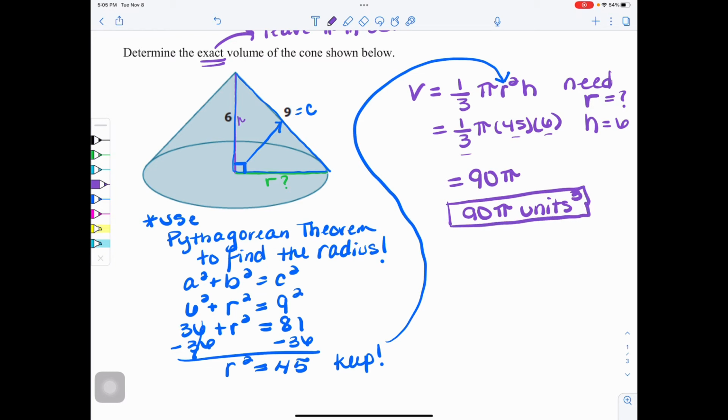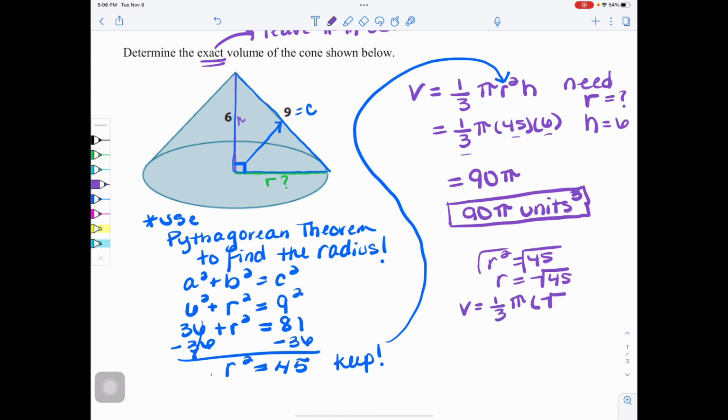Now, if keeping the r squared was confusing to you, let me show you what you could have done instead. You would have taken and had r squared equals 45. You would have taken the square root and had r equals square root 45, because since it says exact, we shouldn't find the decimal. So then, when you plugged it into your formula, you would have had 1/3 pi.